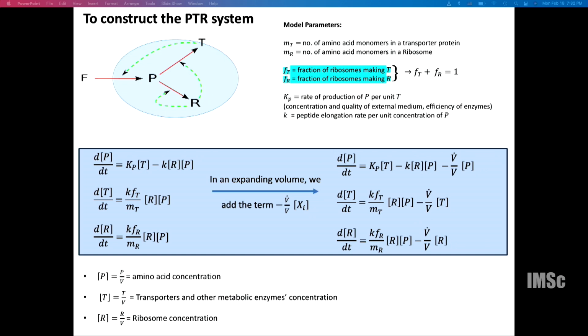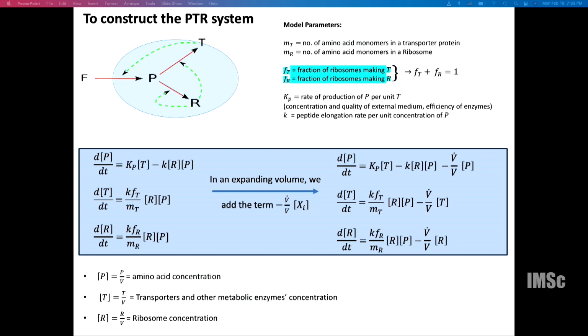So for the concentrations, you can write down an equation like this. dP by dt has a term that is proportional to the concentration of T, because T is what's bringing it in and producing P. So there is a term that is proportional to T, and these constants depend upon the food source, its richness, and the transporting efficiency of these transporter molecules, etc.